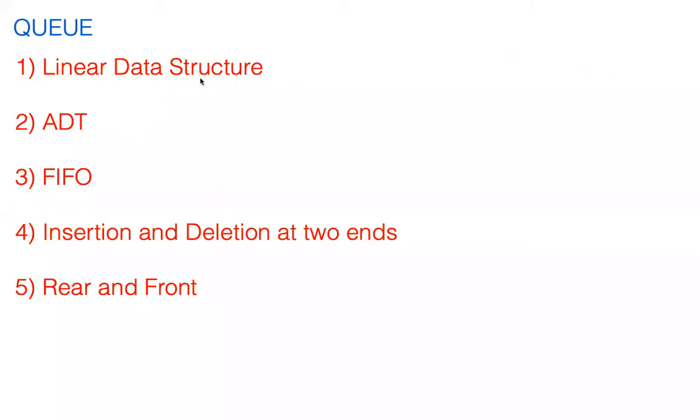So let us start with the properties of a queue. The first property is that it is a linear data structure. Let us represent the queue like this. I am having 3 elements in my list, something like this.